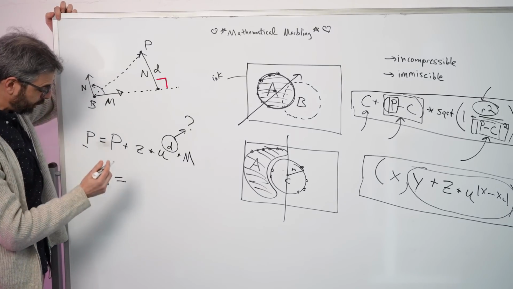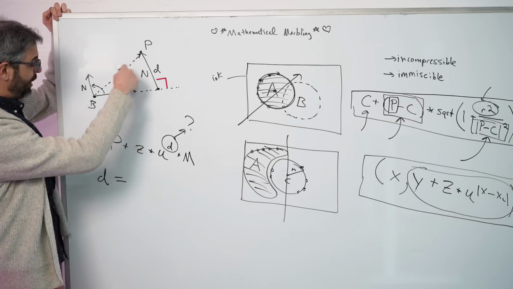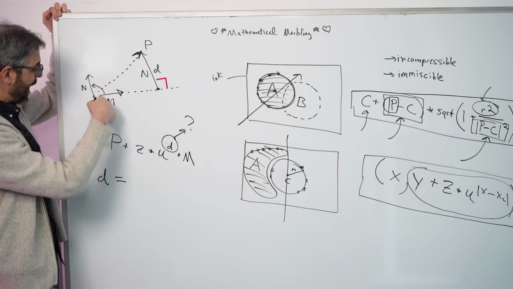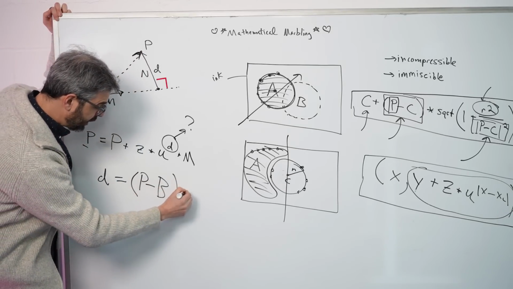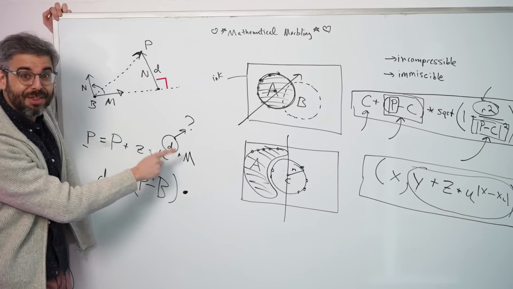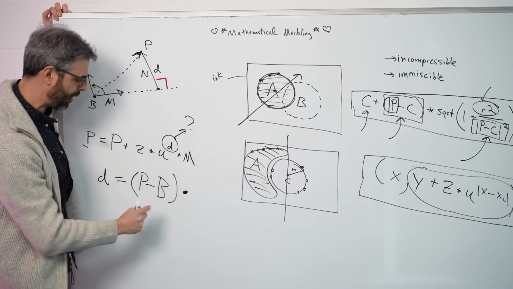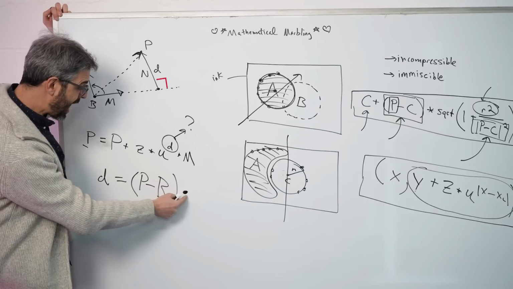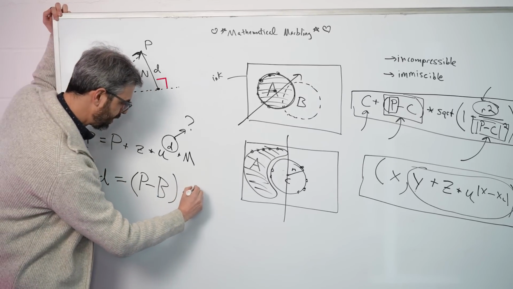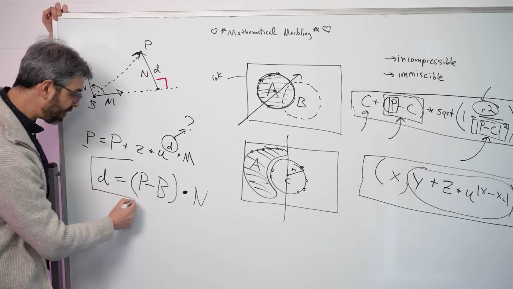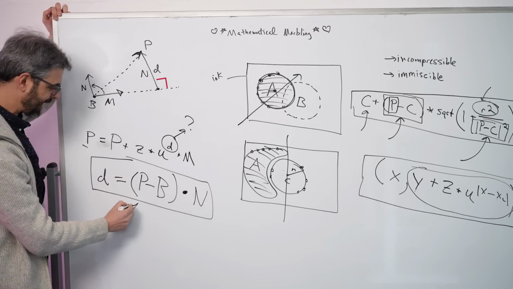D is equal to this vector, which is P minus B, dot, this is different than multiply. It's a special vector operation known as the dot product, dot N, the normal. So this is the very first thing that we need to calculate.